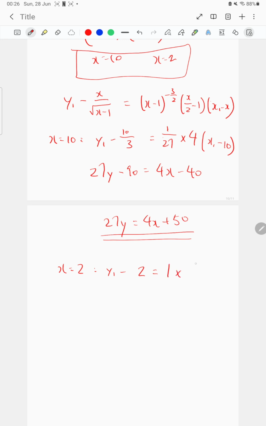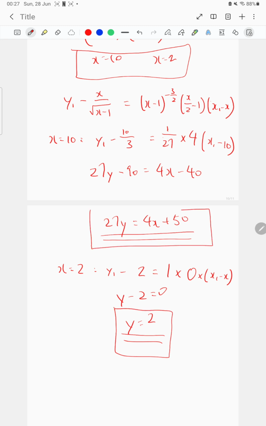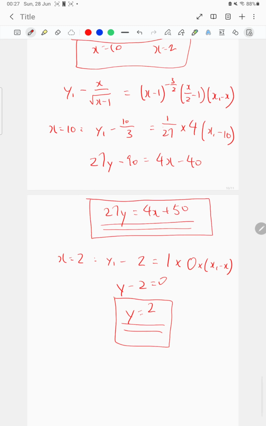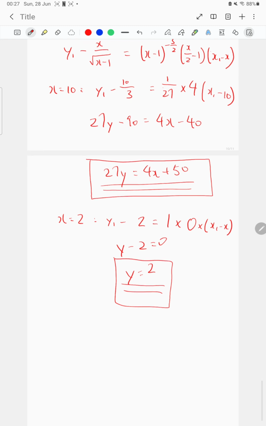So 1 times 2 over 2 is 1, 1 minus 1 is 0. So times 0 times x1 minus x, but anything times 0 is 0. So y minus 2 equals 0, so y equals 2. And that's it. These are the two equations of the tangent that passes through the coordinates 1, 2.